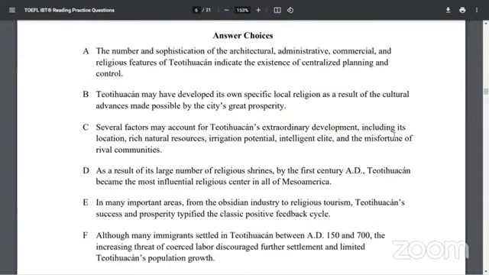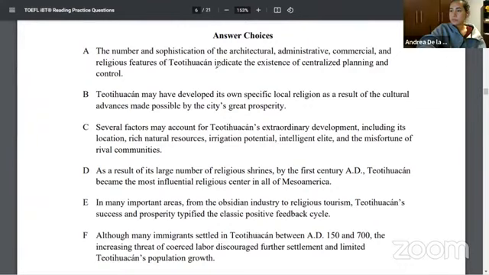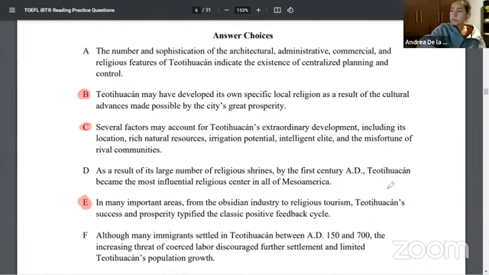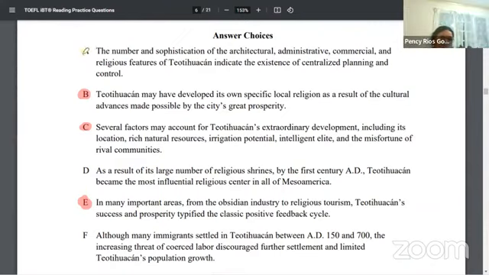Letter C. Okay. And maybe B, C, and E, but I'm not sure. Anybody else? I think the letter A can be. Okay. Hey guys.